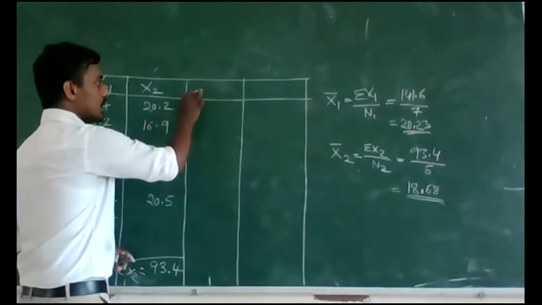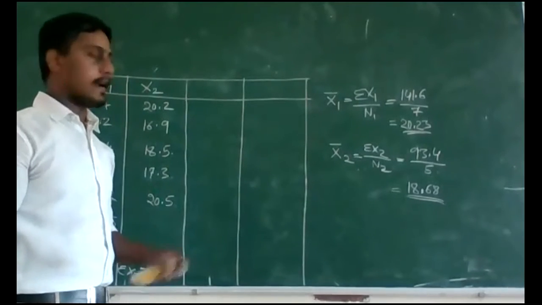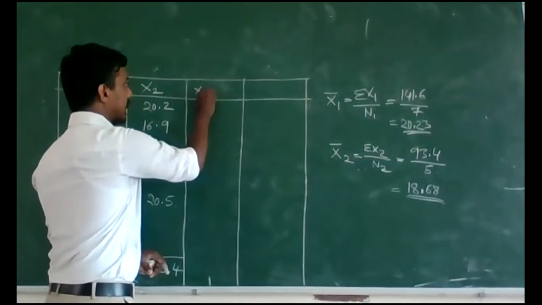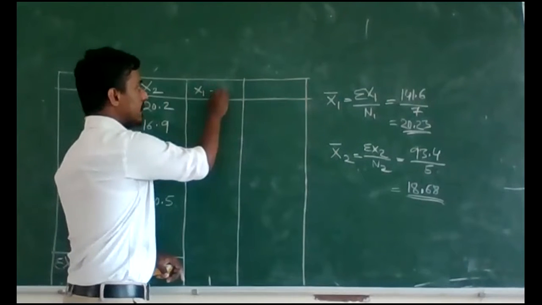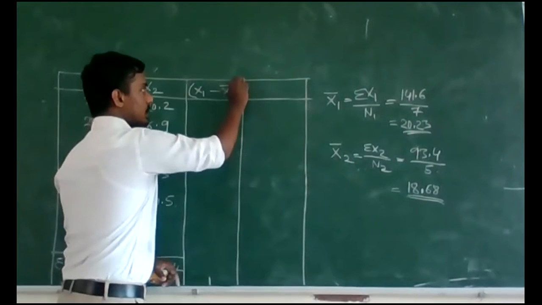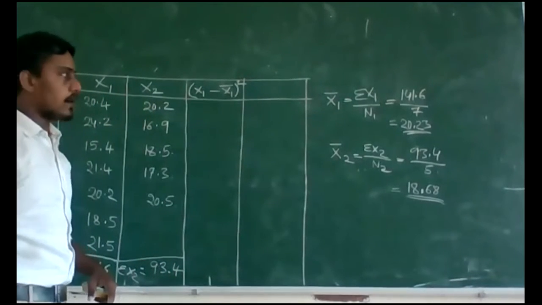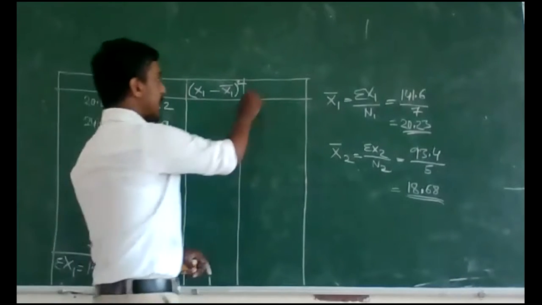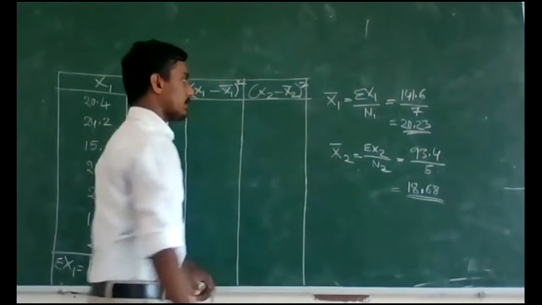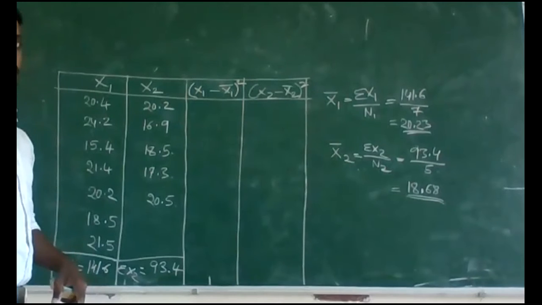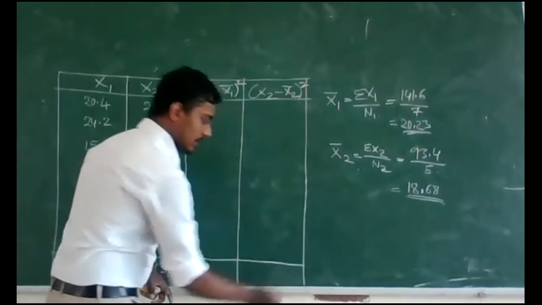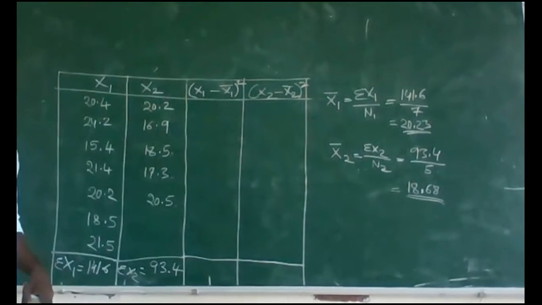Now, to find the standard deviation, we require the sum of squared deviations. So we can directly calculate here: x1 minus x1 bar whole square, and x2 minus x2 bar whole square. Use calculator and tell me the value.